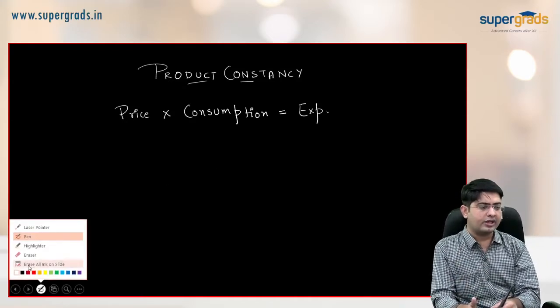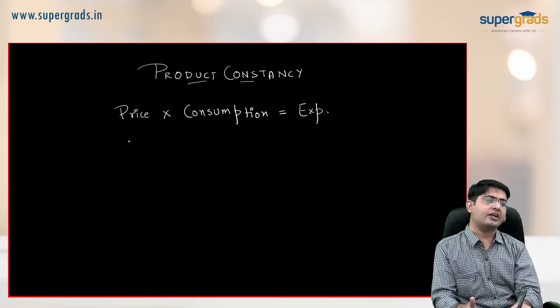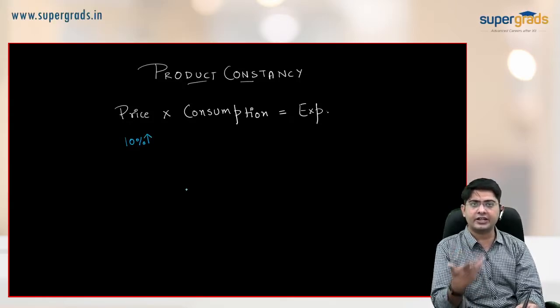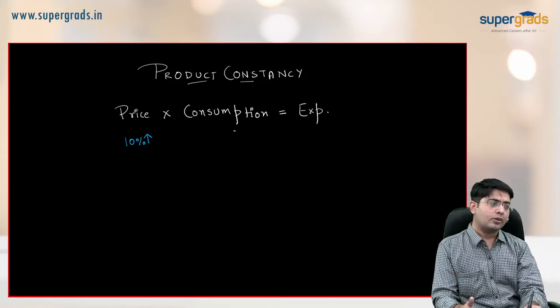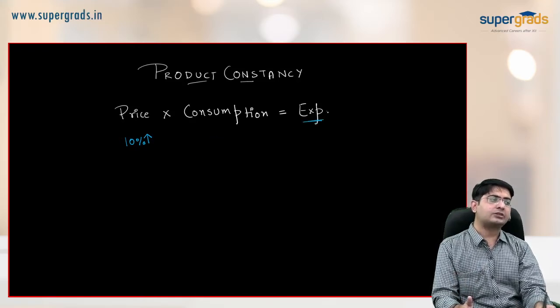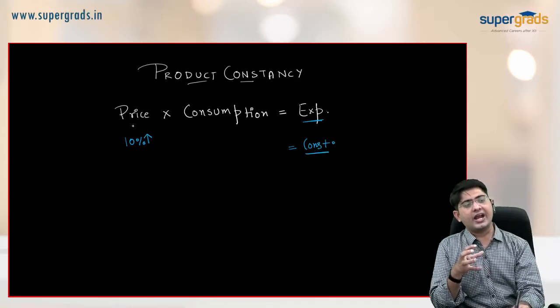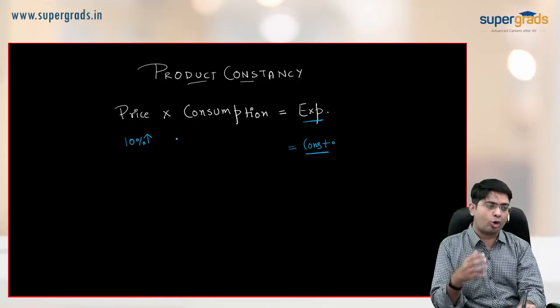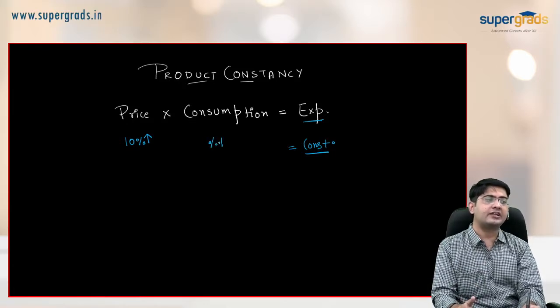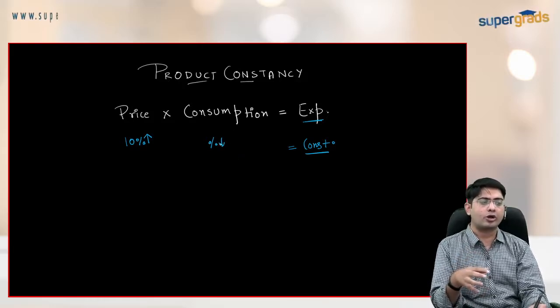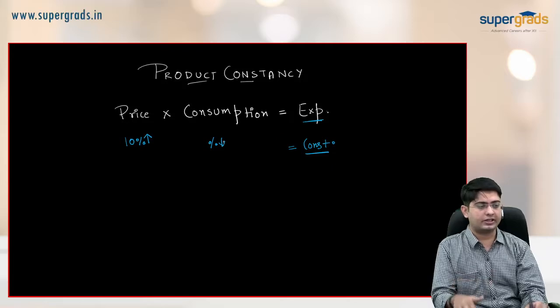In a problem, suppose the price of a particular product has been increased by 10%. If I want to keep the expenditure constant, then obviously consumption has to be reduced to balance it.